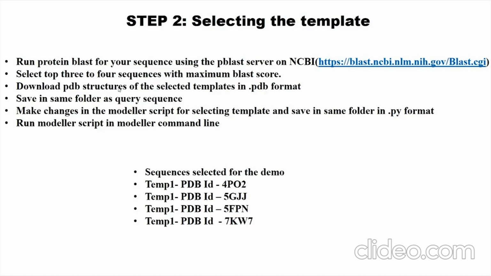So we will select the top 3 to 4 templates from those based on their score, and then we will download the pdb structure of those templates, and we will save those in the same folder which we created, and then we will run the script for selecting the best template. So I will show it now.